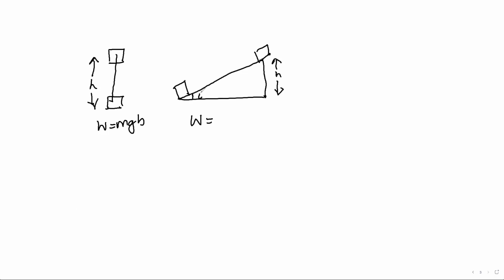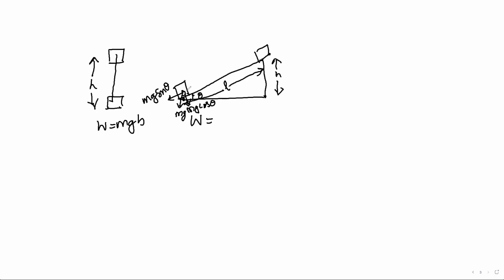Suppose this angle is theta and this length is L. Now, with which force does it slide? The weight mg acting along this direction can be split into two components: mg cos theta, normal to the surface, and mg sin theta, parallel to the surface.